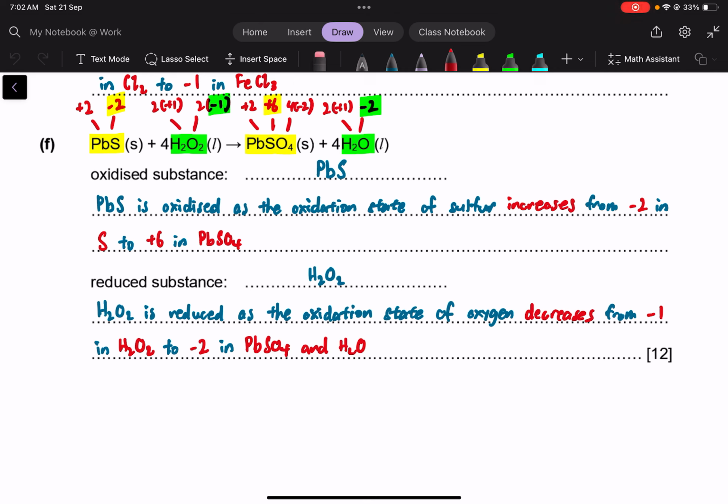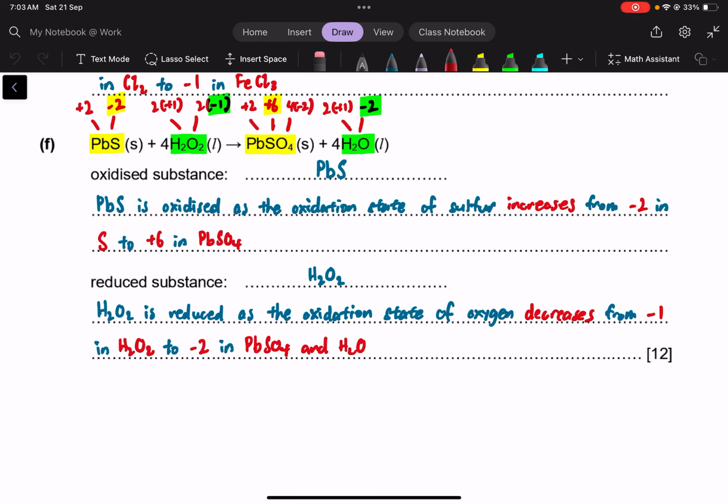So in this case, hydrogen peroxide is actually an exception where oxygen does not exist in the oxidation state of -2. Instead, it is -1. Because for H2O2, the reference point here will be hydrogen. Hydrogen will have the oxidation state of +1 here.